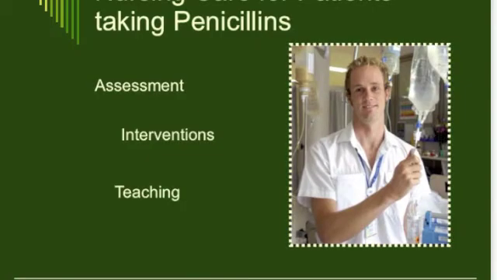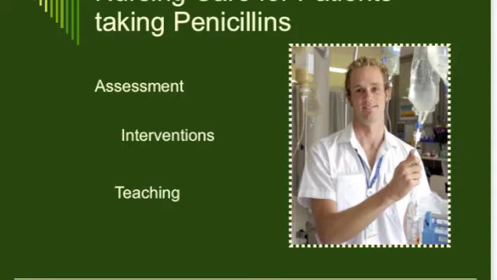Let's get some vital signs, some urinary output, make sure that the kidneys are excreting urine so that the drug doesn't build up in the system. Monitor for superinfections, which is very common with all antibiotics, and any allergic reactions. If it's your first dose, you need to monitor for any reactions in that first dose.